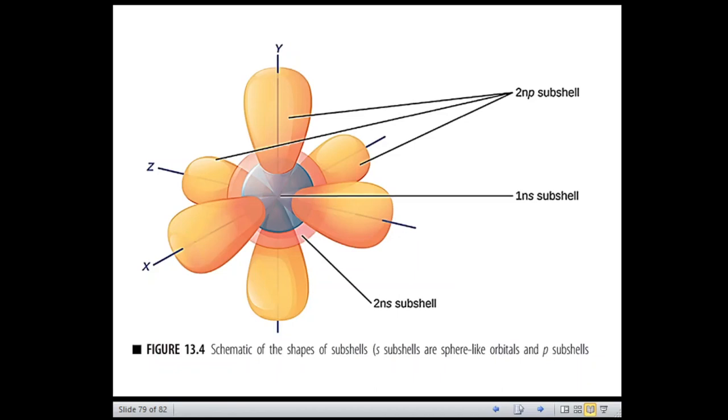Next, the magnetic quantum number, that is M, can describe the shape of an orbital, the angular distribution and the number of angular nodes.